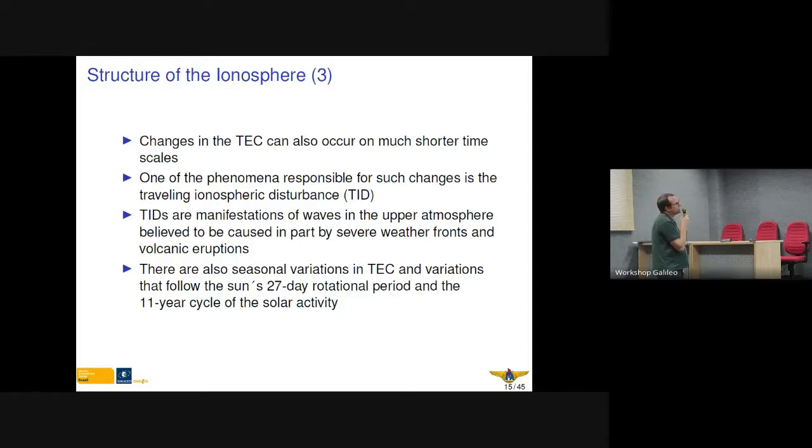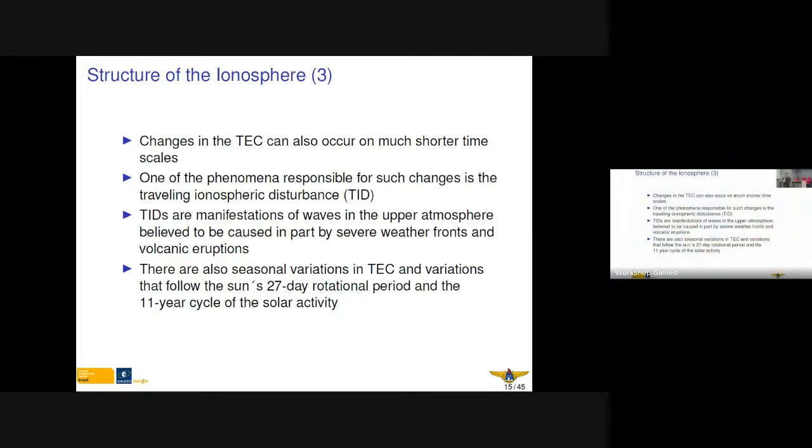There are also seasonal variations in TEC, as I mentioned, and variations that follow the sun's 27-day rotational period and the 11-year cycle of the solar activity. We are approaching a maximum again in this 11-year cycle. So we are in the increasing years of the solar activity.